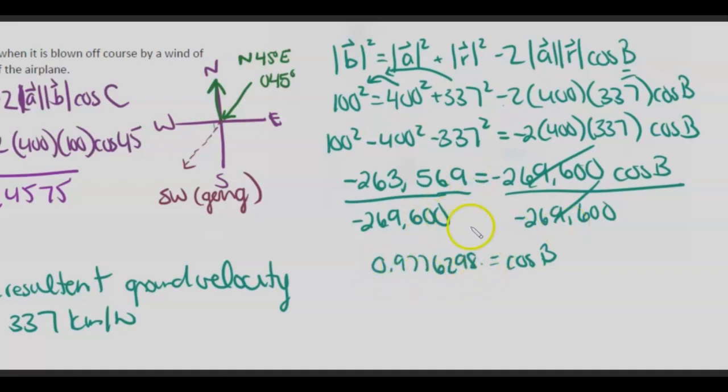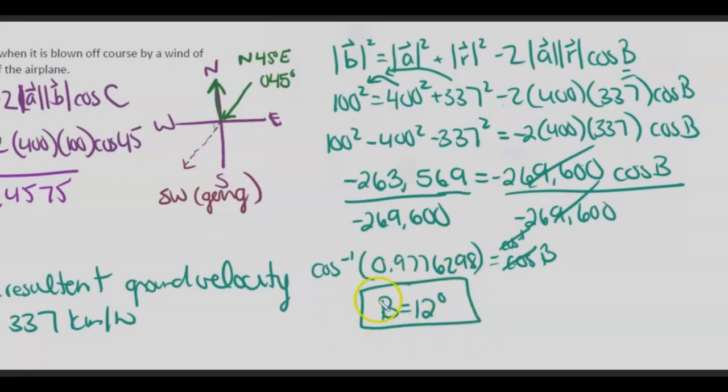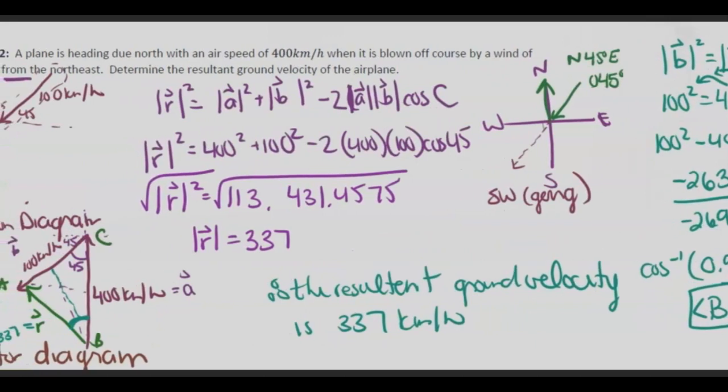0.9776298, and so on. Okay, that's clearly not our angle. We've solved for cos b, so what we want to do is inverse both sides. So let's go ahead and inverse this side, and we're going to get angle B is 12 degrees. Okay, so angle B is 12 degrees.